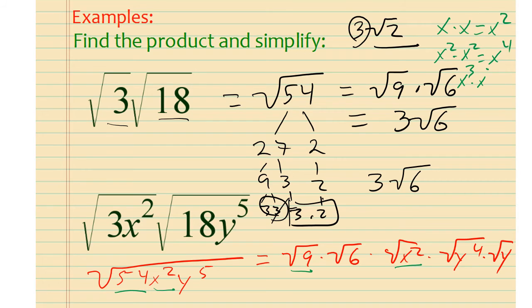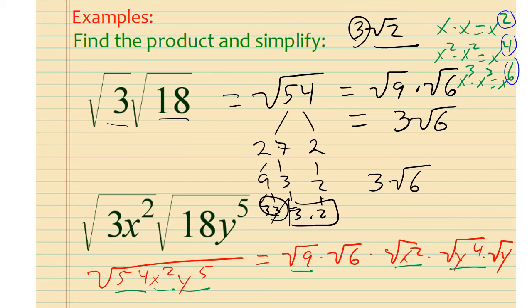X to the 3rd times x to the 3rd is x to the 6th. Any variable to an even exponent is a perfect square. Y to the 5th is not a perfect square, but I can break it up into y to the 4th, that's the biggest perfect square that goes into y to the 5th, and y.